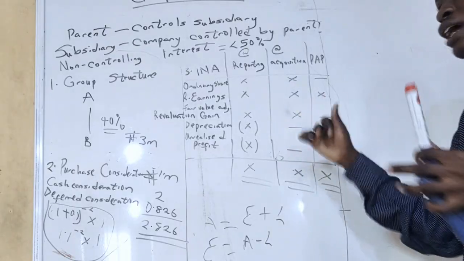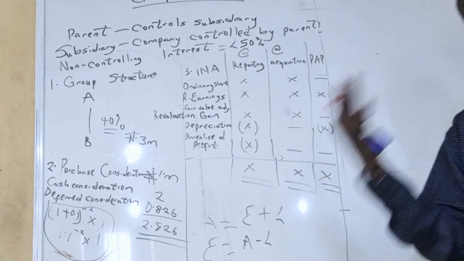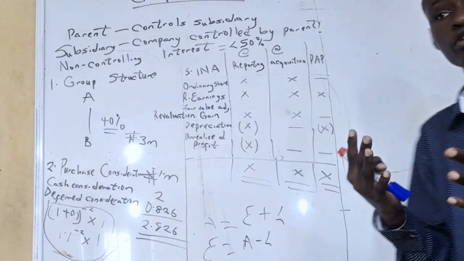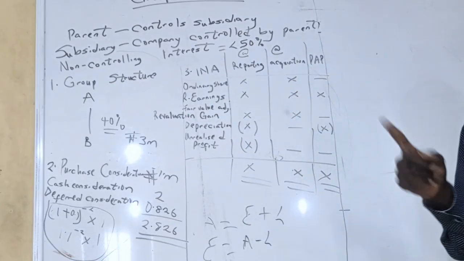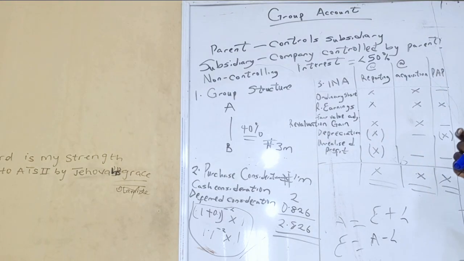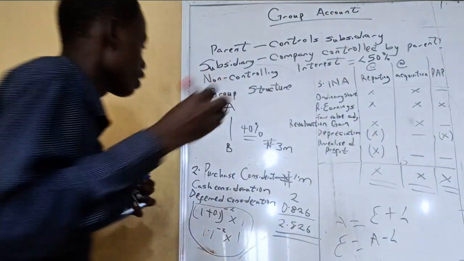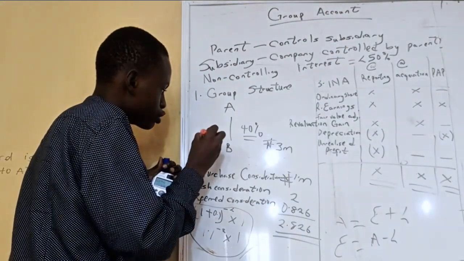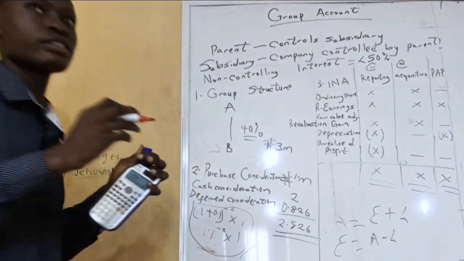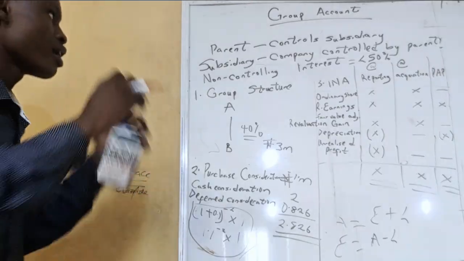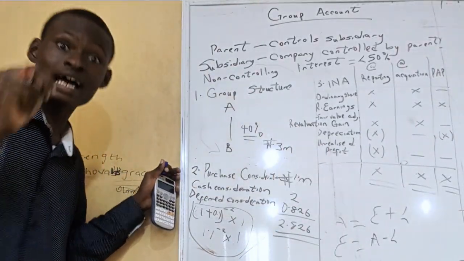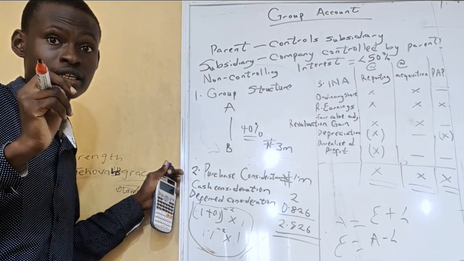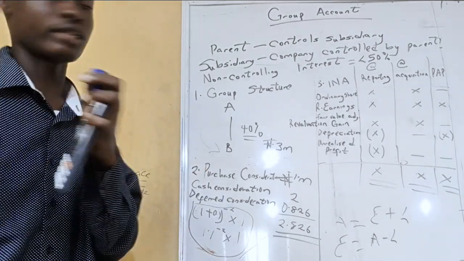Then for your unrealized profits, let's say there's an intergroup transfer. There is a transfer between company A and company B. And now, I want you to take note of this. Under this intergroup transfer, if the parent is the one selling to the subsidiary, definitely this unrealized profit will only be charged under the retained earnings, the consolidated retained earnings.